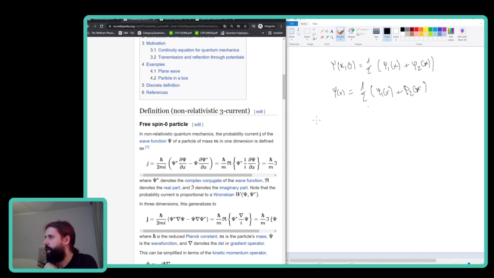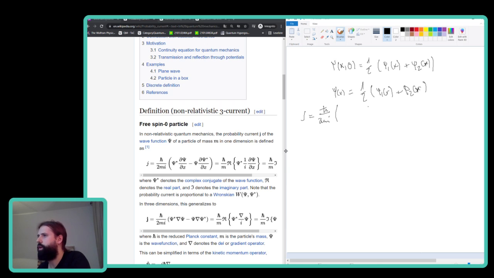So we would go ahead and say, well, this whatever thing here, right, is h bar over 2mi and then times, right? And so now we would say, cool, so the wave function complex conjugate is just the same because we know it's real, right? So let me try to do that aside.